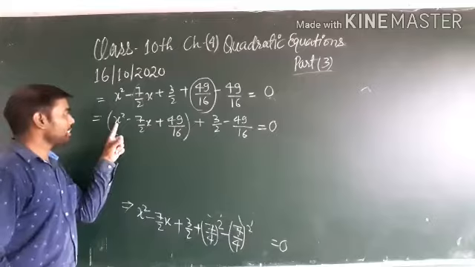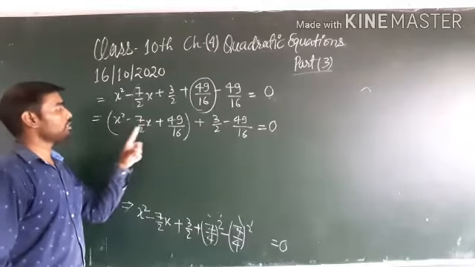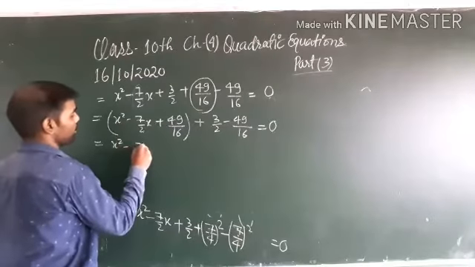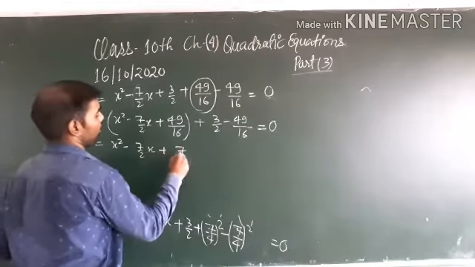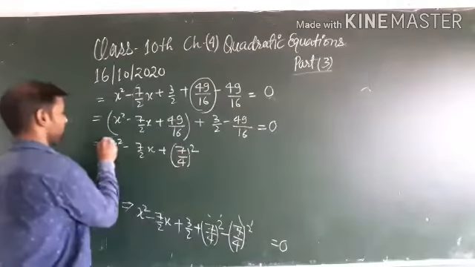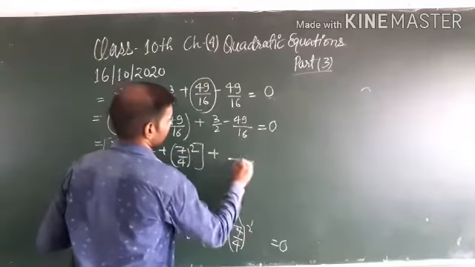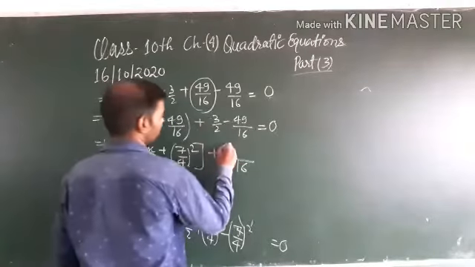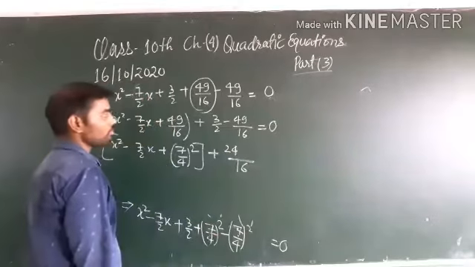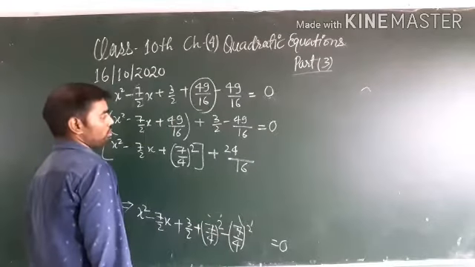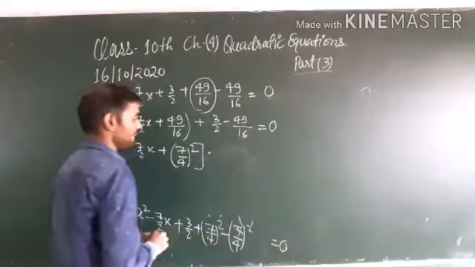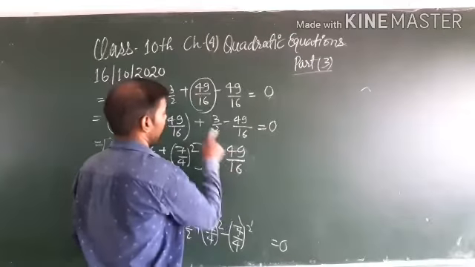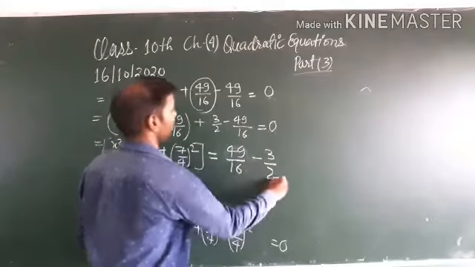Here x square minus 7 by 2x plus 49 upon 16 can also be written in the form x minus 7 by 4 to the whole square, plus 16 is LCM, 2 is divided by 16, we get 8 and 8 into 3, that is 24. Sorry, this is minus over here, this is plus 49 upon 16 and this is plus over here, this is 3 by 2 minus.